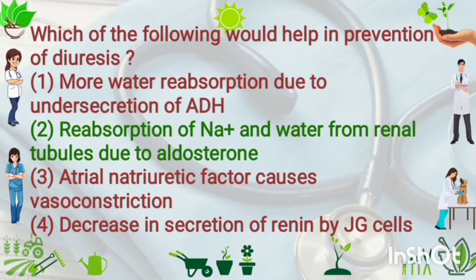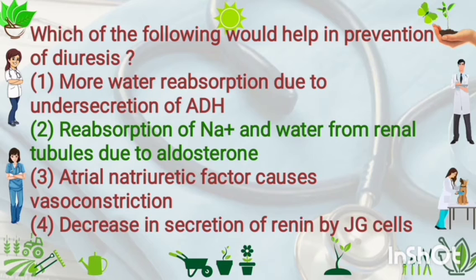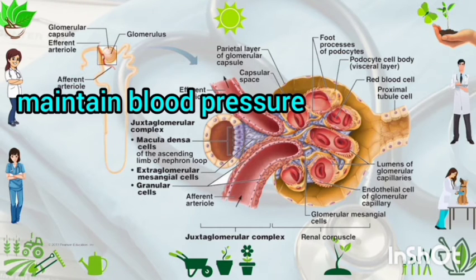In the last option it is given that decrease in the secretion of renin by JG cells. What do you mean by JG cells? JG cells are juxtaglomerular cells located in the afferent arteriole. It is an apparatus which functions to maintain the blood pressure.